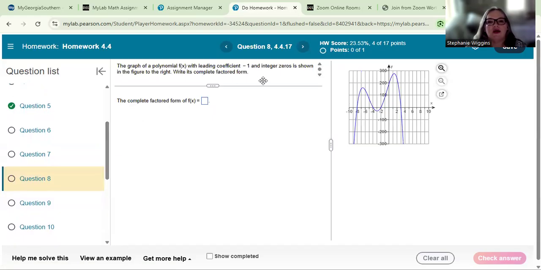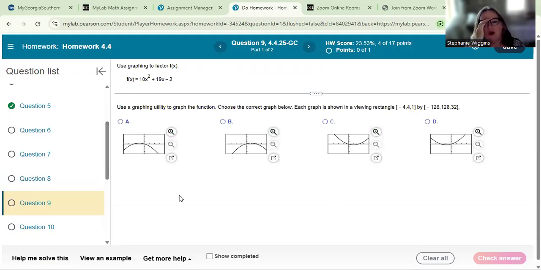So here, again, same thing. These are all of odd multiplicity, because they pass through the x-axis at each intercept. So those are all odd multiplicity.